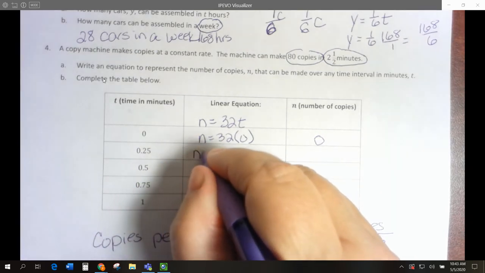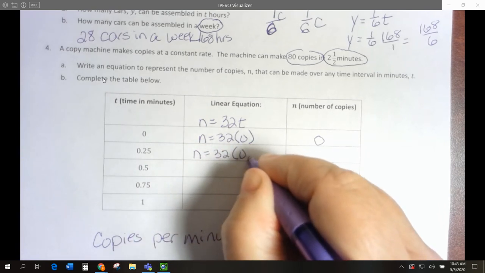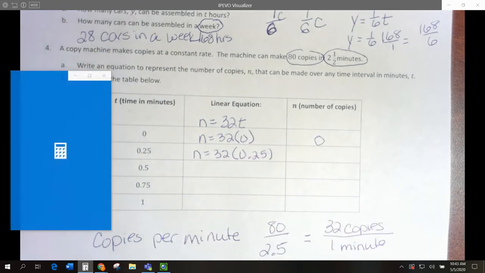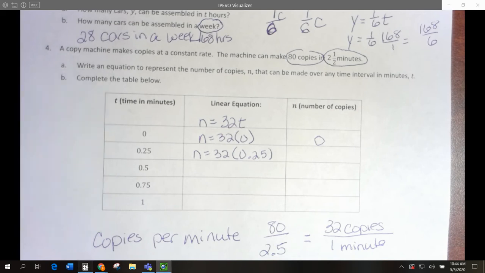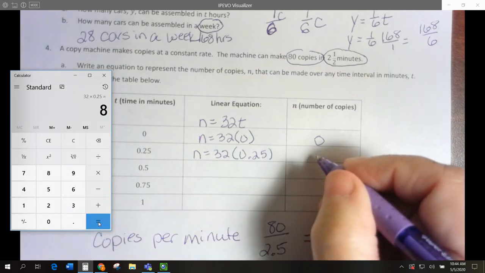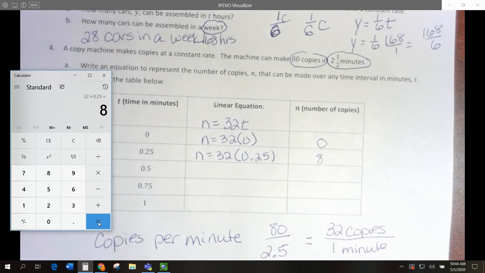So we get n equals 32 times 0.25. We can use our calculator. 32 times 0.25, and that's going to be 8. So in 0.25 of a minute, you'll get 8 copies.